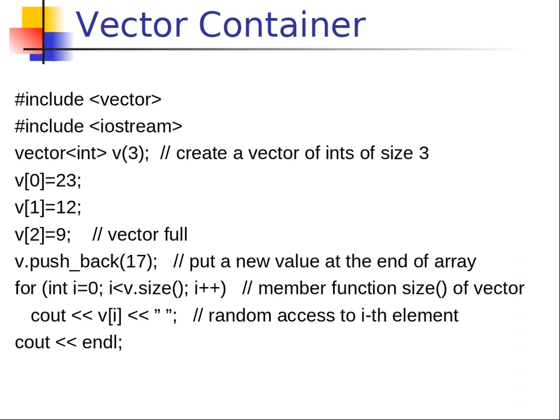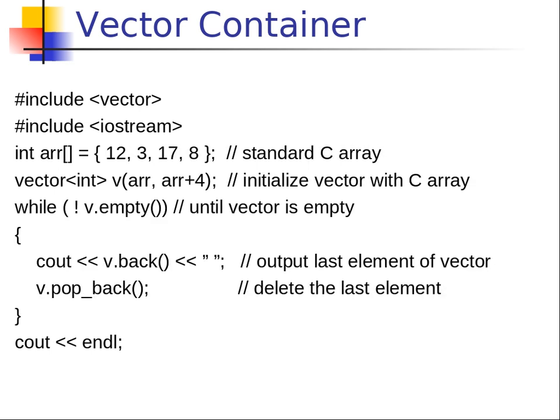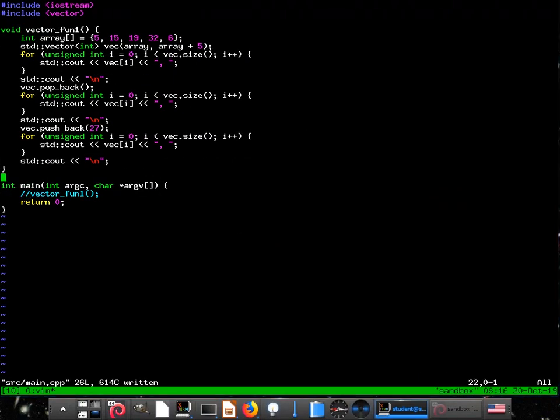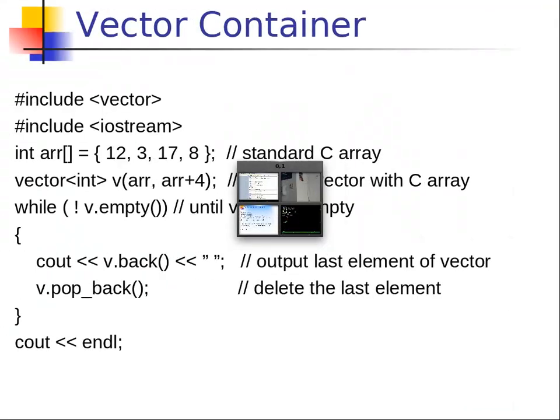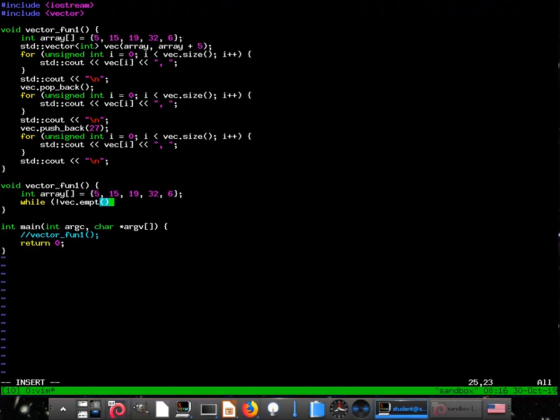Oh, hey, look. It's how you print it. Oh, that's interesting. All right, we'll do that. What's interesting? You can keep popping the back, so it's like a queue almost. Yeah. And so you can do while not, was it vec dot, is it just empty? Yeah, just empty.